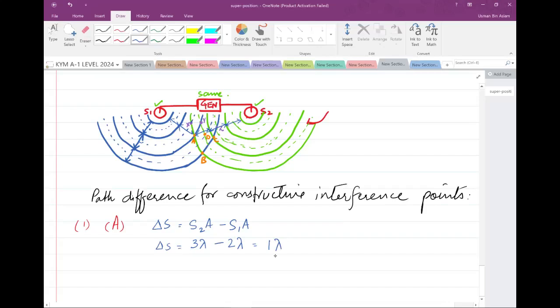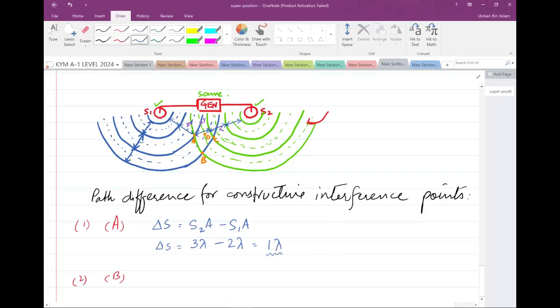Why am I calculating path difference? You'll get to know that in a few minutes. But first learn how to find the path differences. Sir, could you explain point A again? Okay, we are going to see the distance from S2 to point A, and then the distance from S1 to point A. We express that distance in terms of wavelengths.